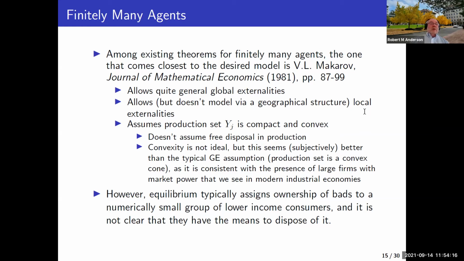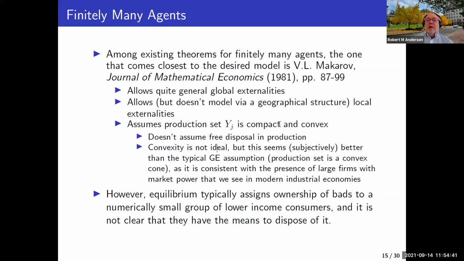It allows also local externalities, although it doesn't actually model them via geographical structure. So one of the things one would like to have, and we don't currently, is a geographical model in which nearby pollution of certain kinds affects you, but far away ones doesn't. And it doesn't assume free disposal in production.